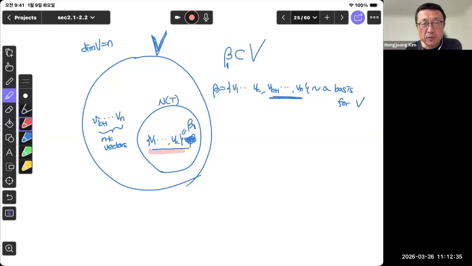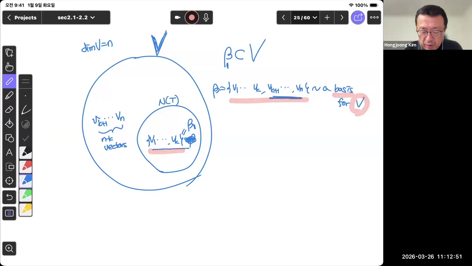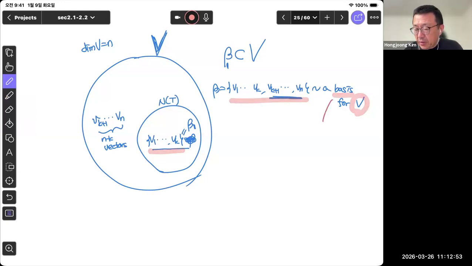That was a basis for the null space. And then we extended, right? So that these n vectors will form a basis for the domain V, meaning they are linearly independent.